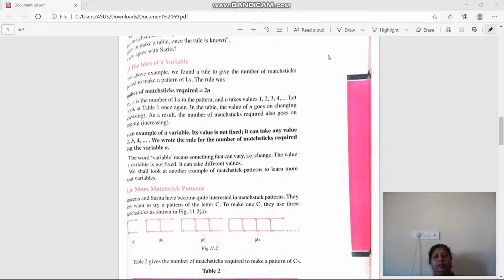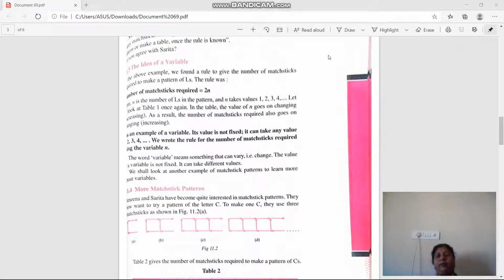If we take n equal to 5, we get the number of matchsticks required as 10. But if you change the number of L's, definitely the number of matchsticks required changes, right? That means its value goes on changing. Both values are changing, the number of matchsticks and the number of L's. n is an example of a variable; its value is not fixed.